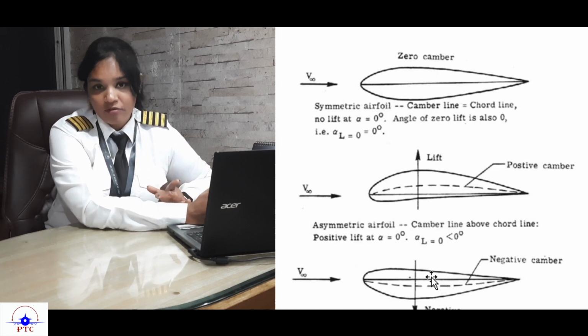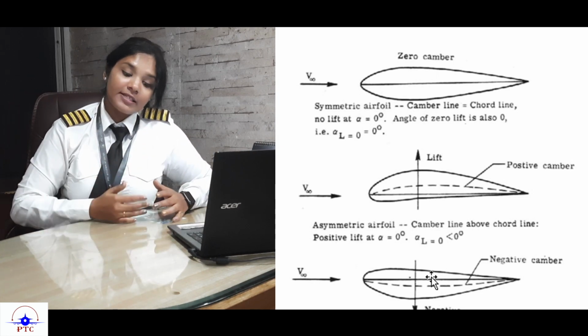So these three different aerofoils are given to the three different types of control surfaces that we have. Like the rudder uses a zero camber or symmetrical aerofoil, so that if the rudder does not move and is in its neutral position, the forces created on either side of the vertical stabilizer are the same. So the vertical stabilizer will not move if the rudder is in the neutral position.